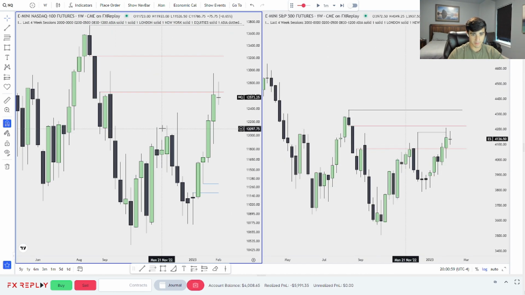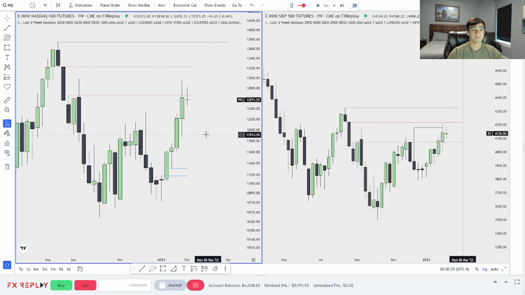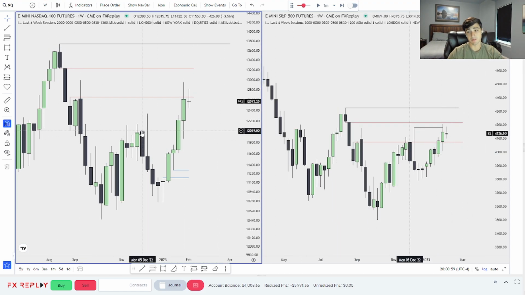Now price is doing nothing. Indecisive candle. Now it appears the bias can begin to flip.